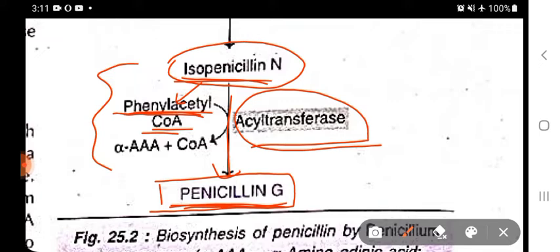Sorry, I am repeatedly saying the wrong word. Acyl transferase, A-C-Y-L, acyl transferase.